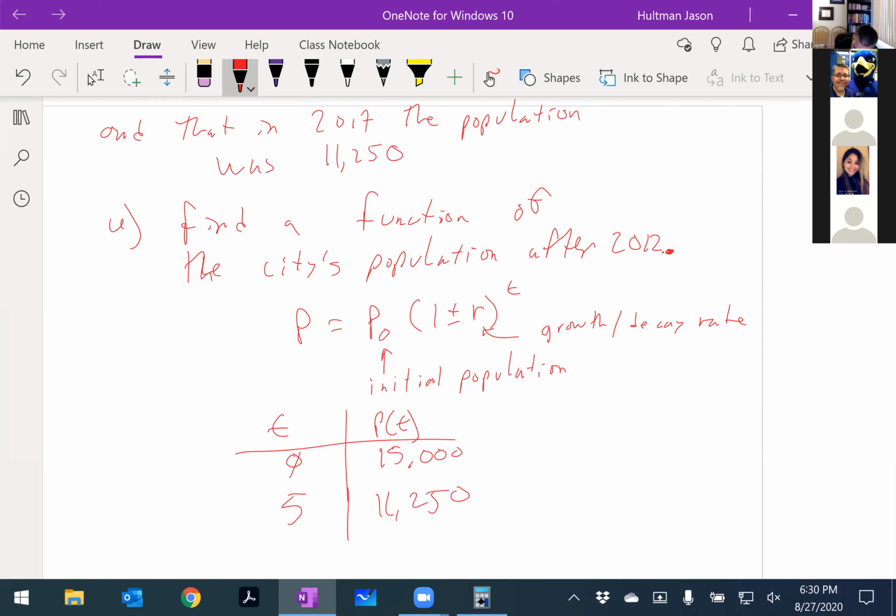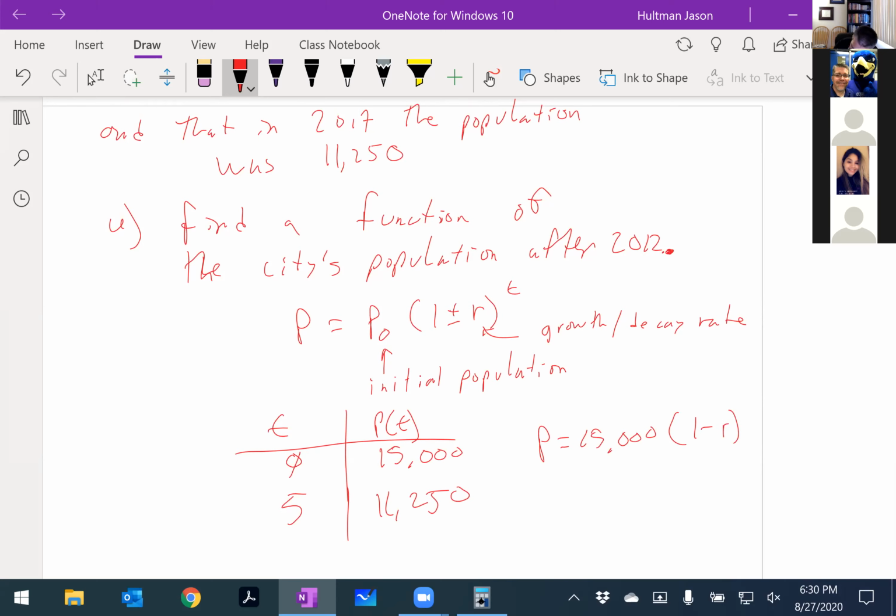So this tells me that the initial population is 15,000. And then it's a decay rate, because it's going down. It's 1 minus R.